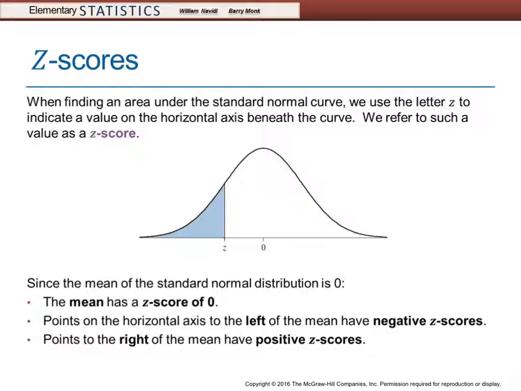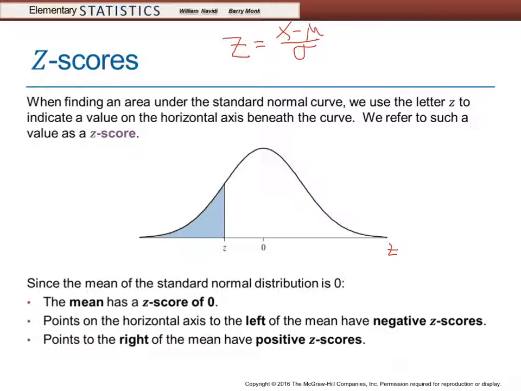You will recall also in the last section we said to find the z-score, it's going to be x minus mu divided by sigma, and we'll see that in the next chapter. But this value of z on the x-axis under the standard normal is called the z-score value.